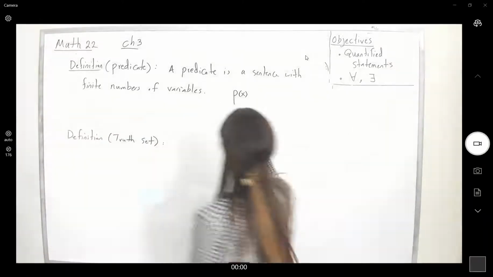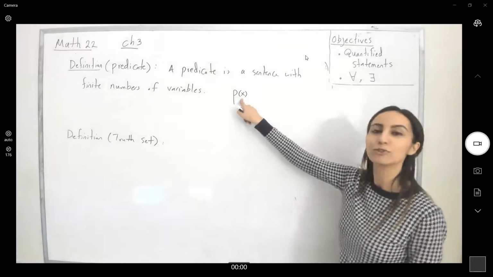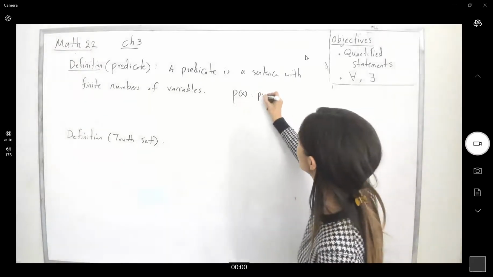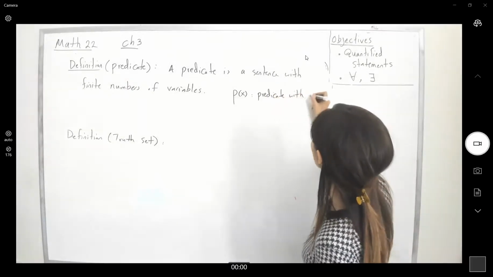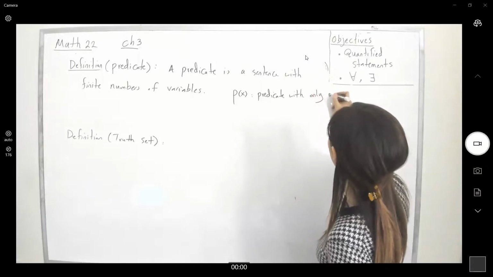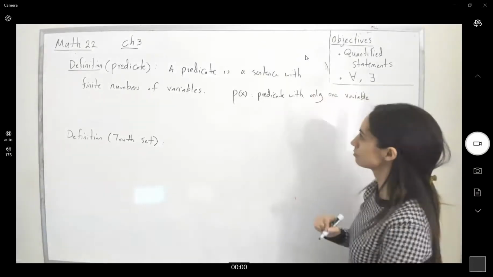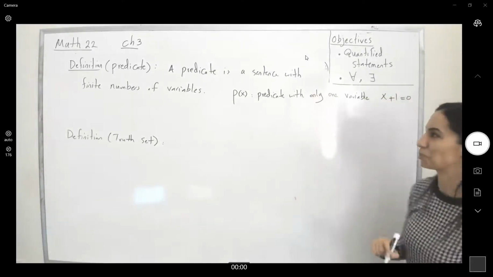So consider P of x. P is a statement including the independent variable x. So this is a predicate with only one variable. Like what? Like x plus 1 equals 0.